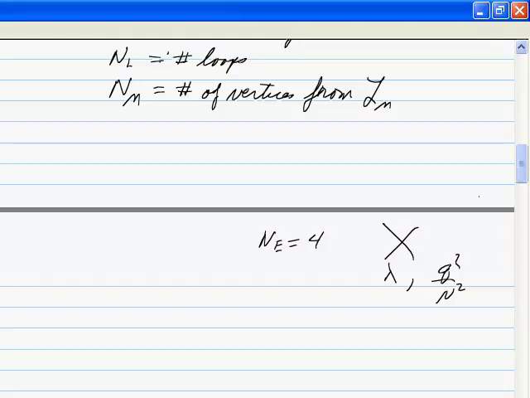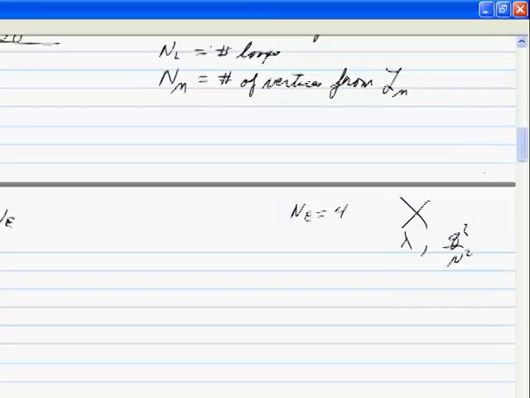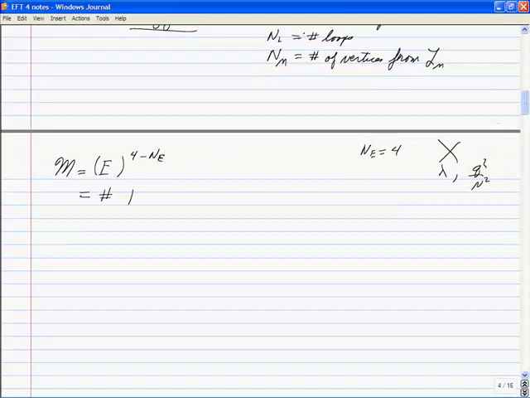Okay, but Weinberg's theorem says that this should go like mass or energy to the... Weinberg's theorem says it goes like E to the D in practice, where this E is the external energies.